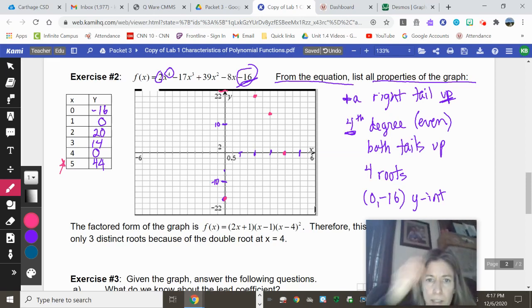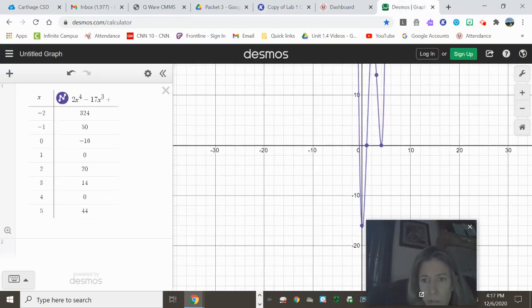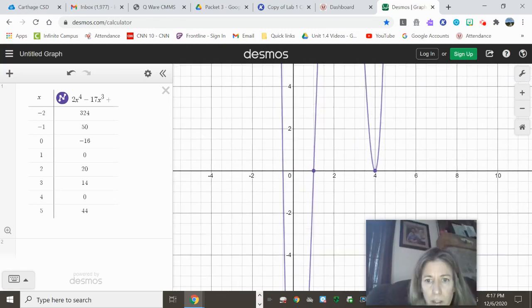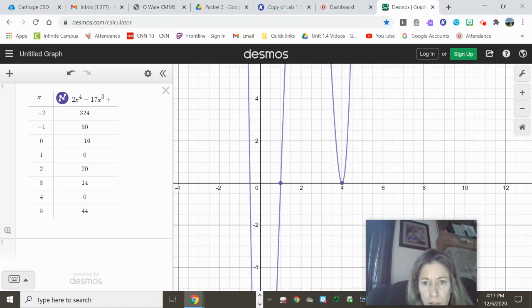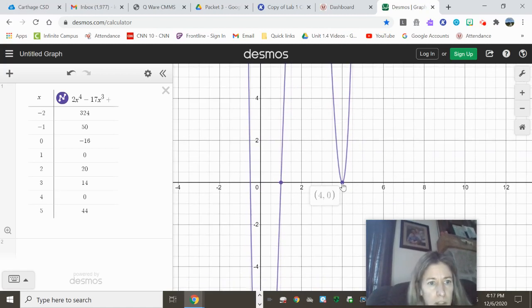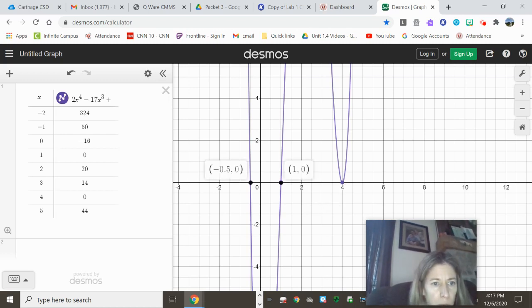All right, in this case, if we look at this, we also have some zeros that aren't on the graph. So if we look at this, the 4, 0 is actually a double root. So this is considered to be a double root. And then we have a root here, -1/2 0 and 1 0.